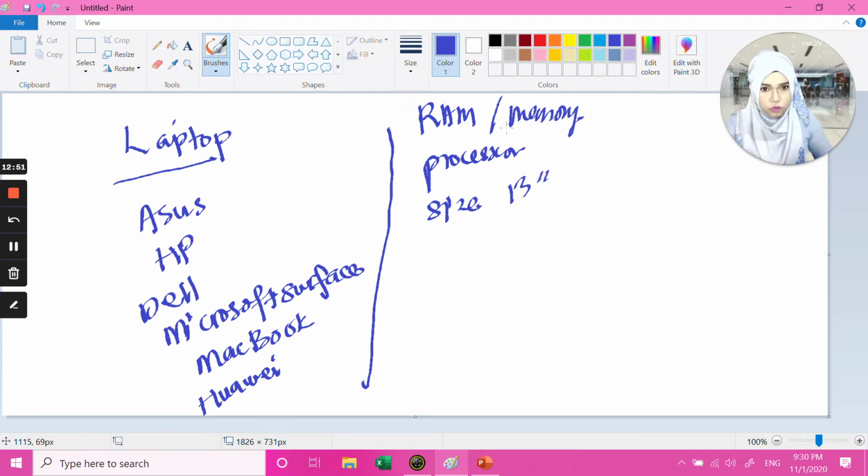Processor, just now perhaps you want Intel. RAM or memory at least, let's say 4 gig.